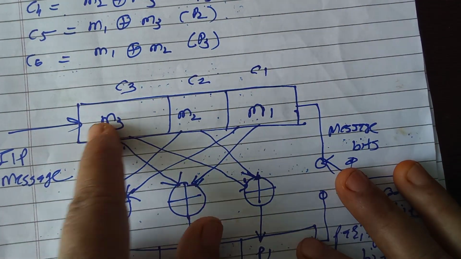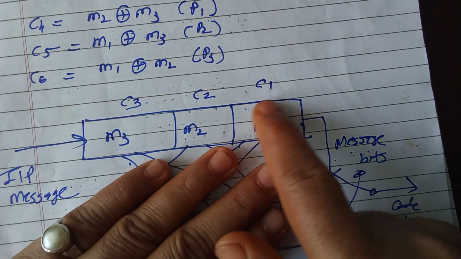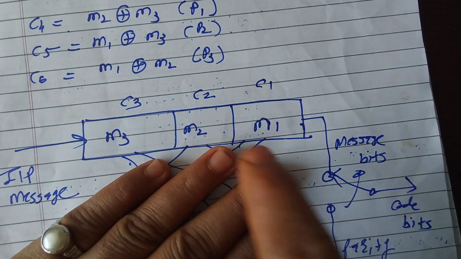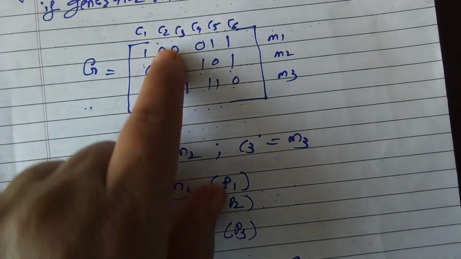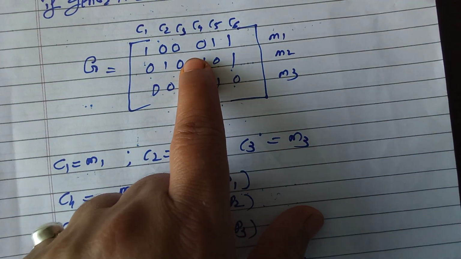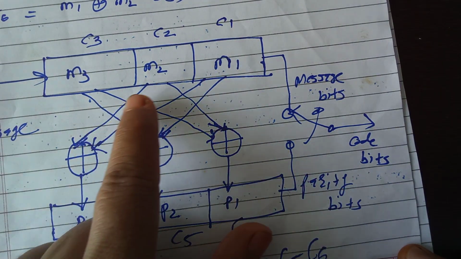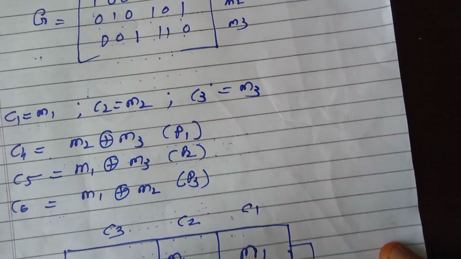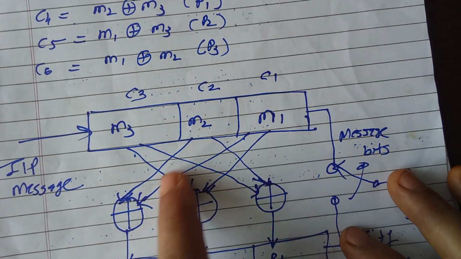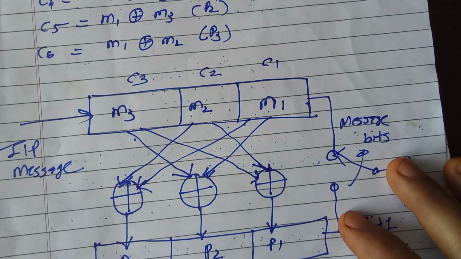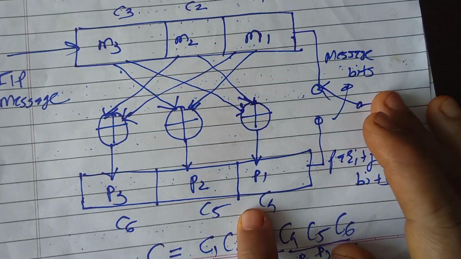First M1, M2, M3 is the input message, and you can draw this also. The message bits will appear as M1, M2, M3. From this, C1 is M1, C2 is M2, C3 is M3. After that the parity bits: C4 is parity bit 1, M2 XOR M3. C5 is M1 plus M3, that is P2.